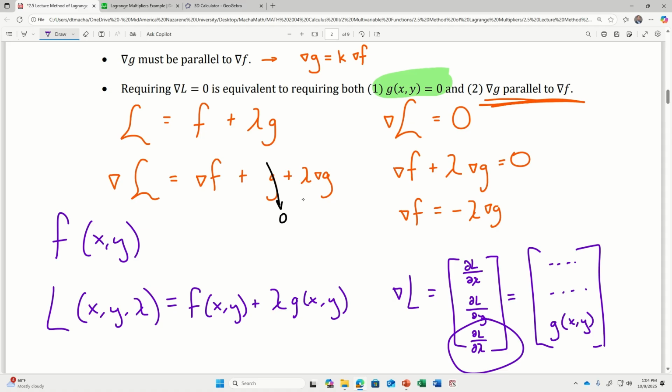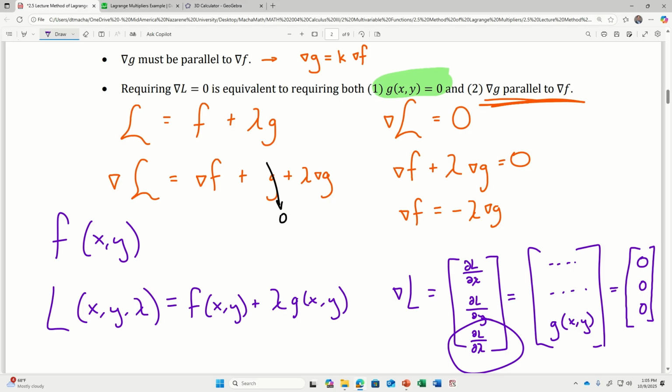And so later, whenever I take this gradient of the Lagrange function and set it equal to 0 so that I can find the stationary points, the equation at the very end is setting my g function equal to 0, which means I'm enforcing the idea that the g function is equal to 0. I'm going to respect my constraint at the stationary points of the Lagrange function.